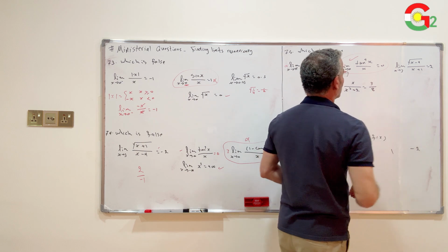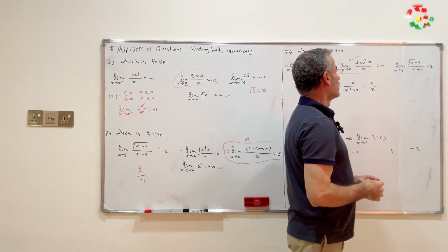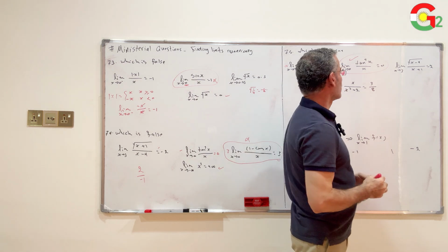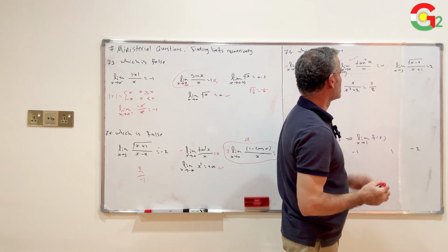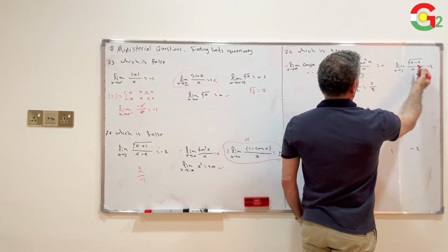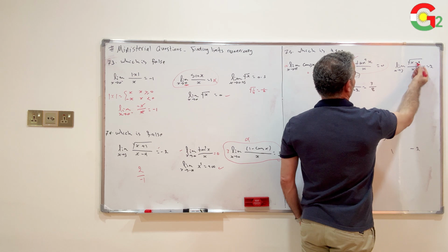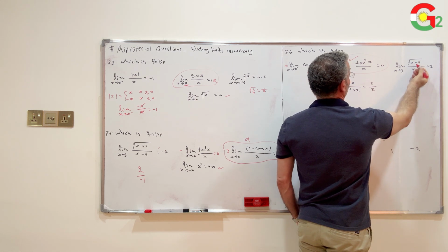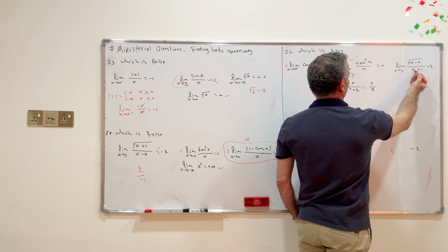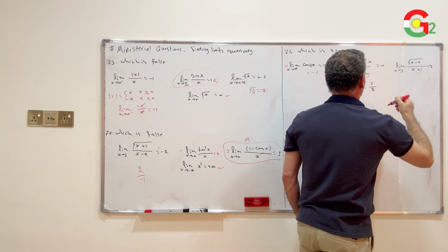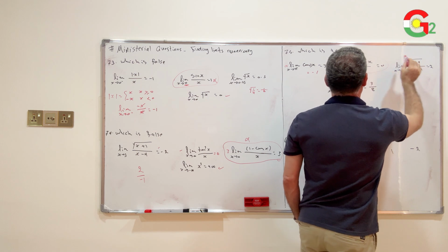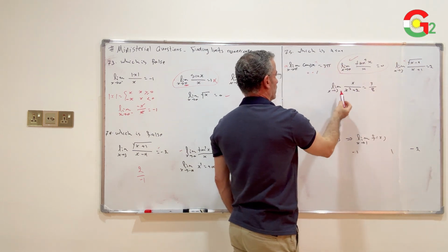Let me complete. The limit when x approaches 3 of square root of (x minus 4) over (x plus 1) is 2. It is wrong, since 3 minus 4 is negative 1, and the square root of negative 1 is undefined. Therefore, this is wrong.